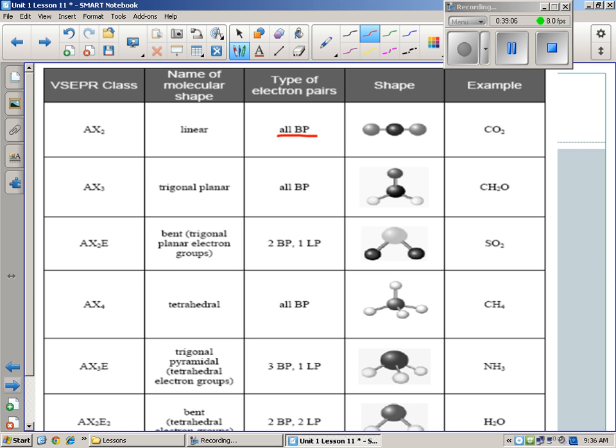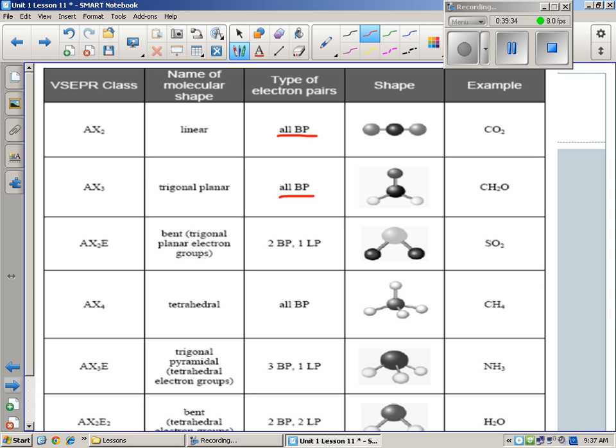This means that they're all bonding pairs. When we say bonding pairs, we mean that there are atoms bonded to the central atom. So AX2, remember back to CO2? There were two oxygens bonded to carbon, so that's a bonding pair. All bonding pairs. AX3, right? Our examples for AX3 are BF3 and CH2O, all bonded.